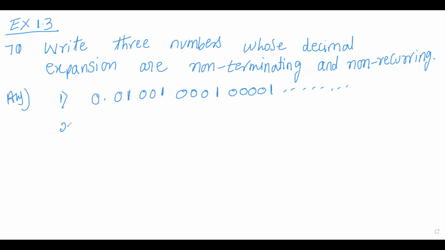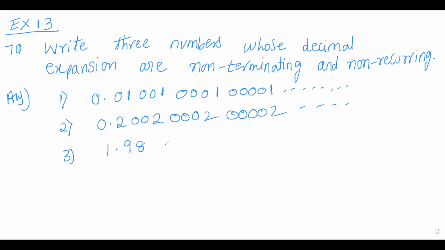One more example, 0.2002000200002, so on. Third example, 1.98988988898889, so on.